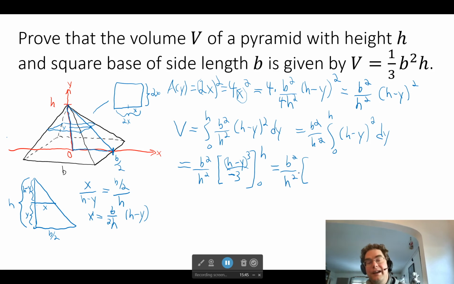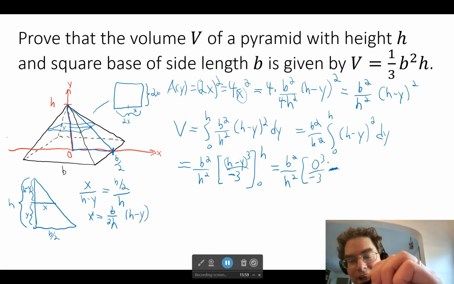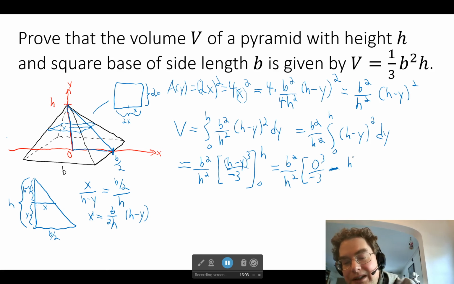Putting h in, we're going to get h minus h, so that'll just be 0 cubed over -3. That term is going to go away, and then we subtract what we get when we plug 0 in. In this case, that is going to be the interesting term. So we will get h minus 0, which is still just h, over -3. Oh, but this is cubed.